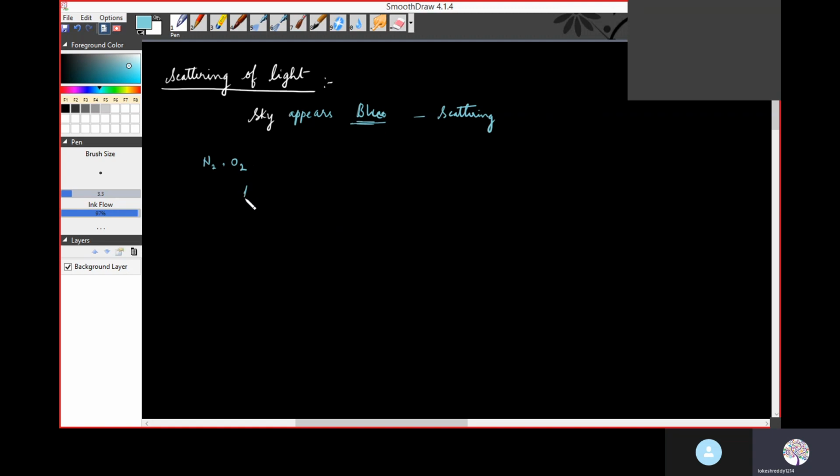Generally, the red light is used in signals because molecules of this red wavelength size are not there in our atmosphere. So no molecule in air is absorbing red light and emitting red.